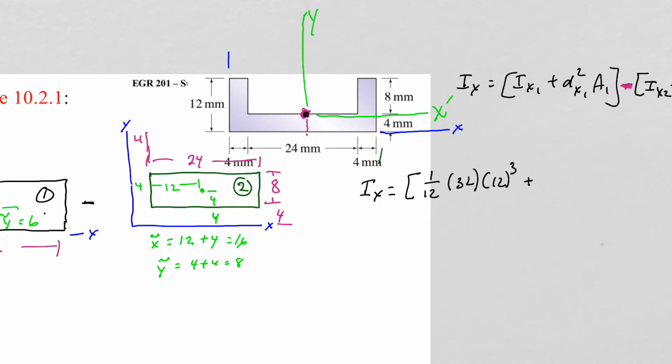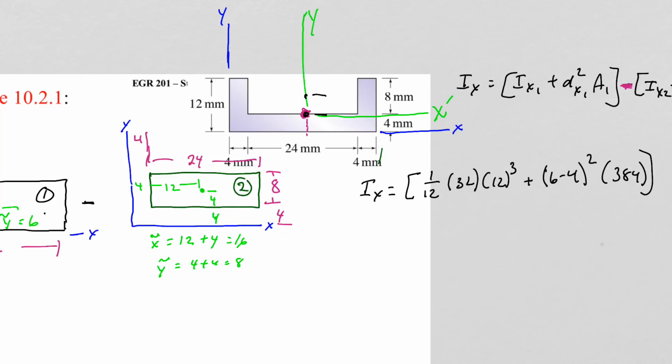We know for the large square that it's at position 6, so we need the distance from 6 to this location of 4. So 6 minus 4, squared, times the area, which we said was 384. That is the parallel axis part for the first shape.